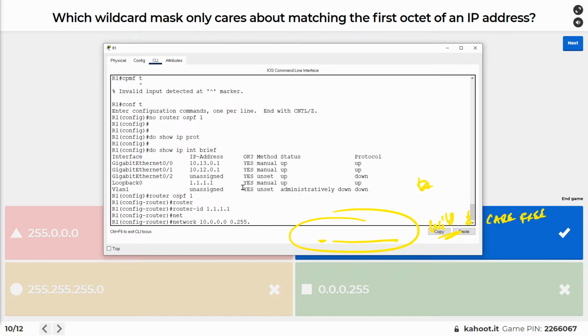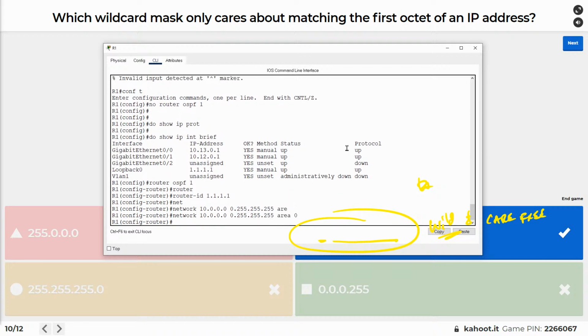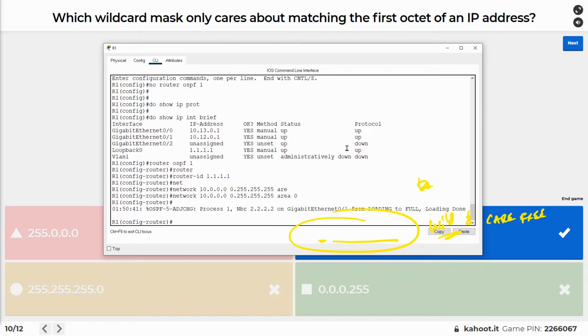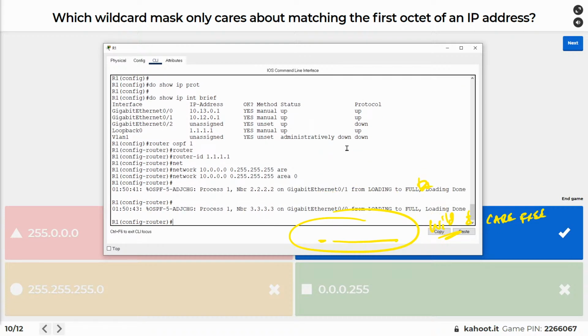I'm wild, it could be anything. The third octet, I don't care, it could be anything. And the fourth octet, it could be anything. Anything that starts with 10 is going to be in OSPF, and we're going to tuck them into area 0. Just like that. And we should have some neighborships come up if we have any neighbors off of those interfaces, which we do.